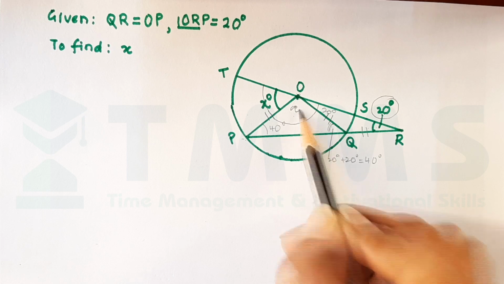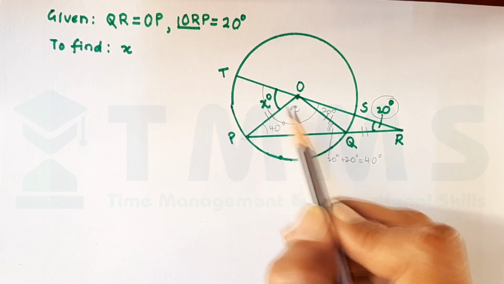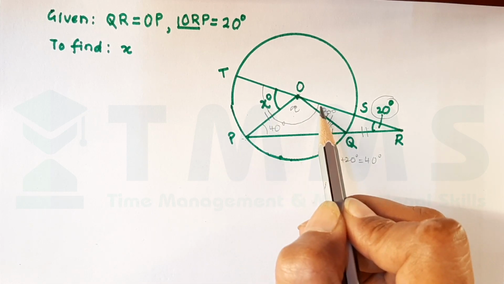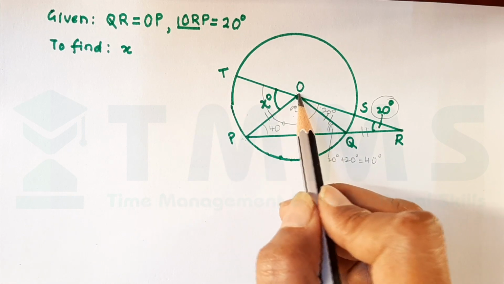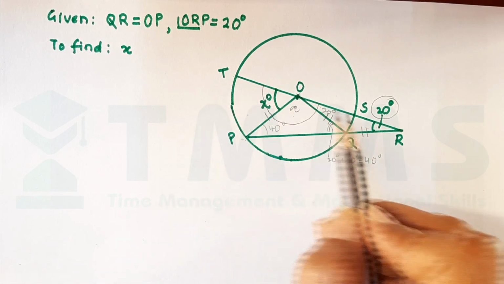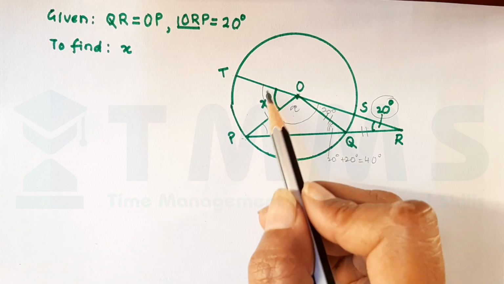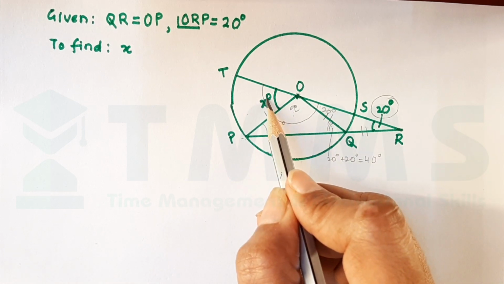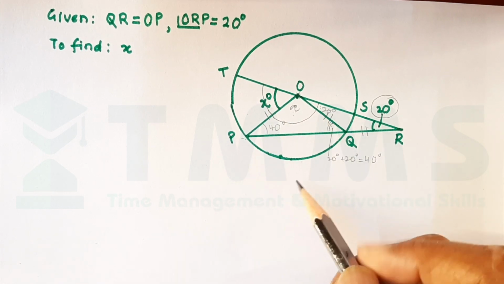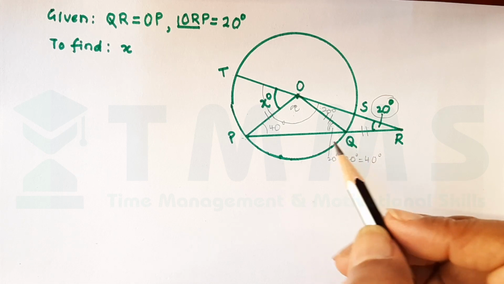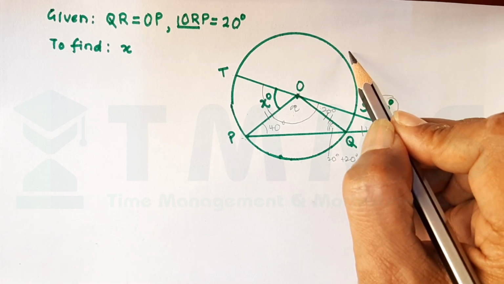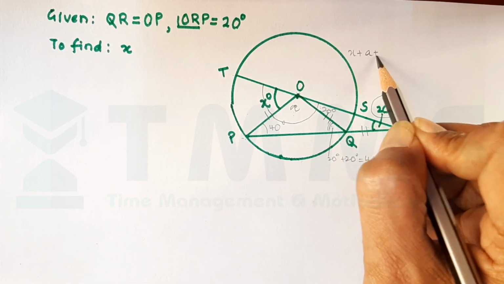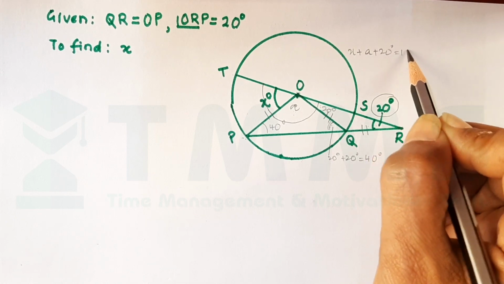Let us call this angle A. So X, A, and this is 20. Now TOS is a diameter, so it's a straight line. If it's a straight line, what is the sum of X, A, and this? 180 degrees, correct? And so we shall write over here X plus A plus 20 degrees is equal to 180 degrees.